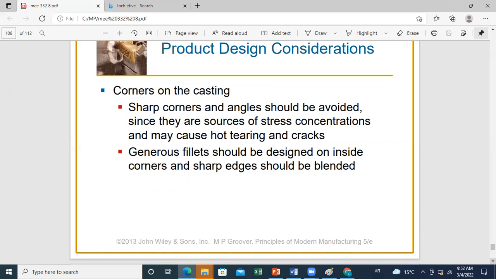Generous fillets should be designed on inside corners, and sharp edges should be blended. If you remember, we talked about using fillets, and these fillets allow us to produce a certain curvature to avoid these corners.